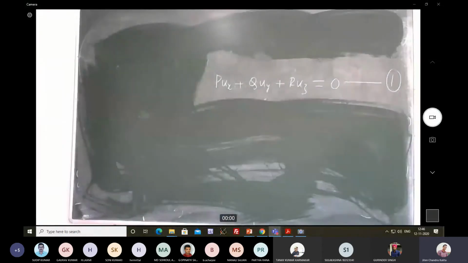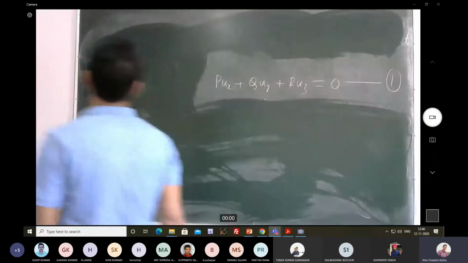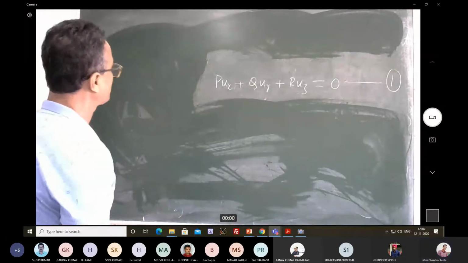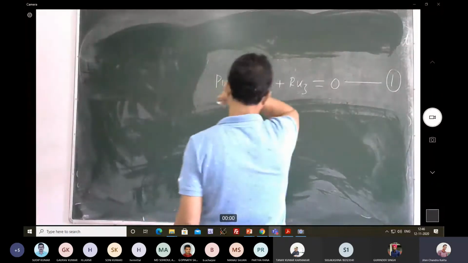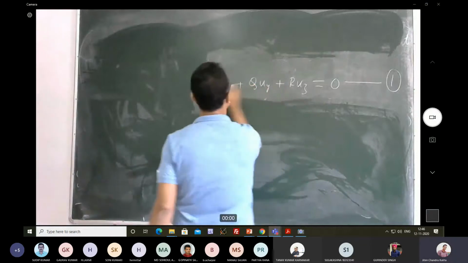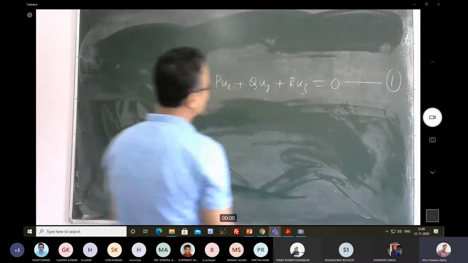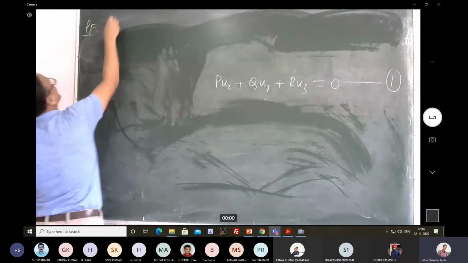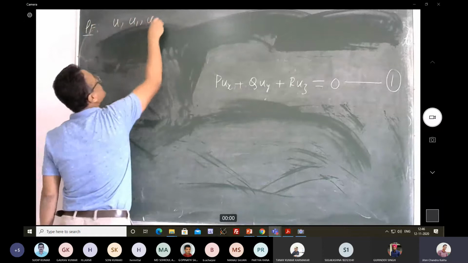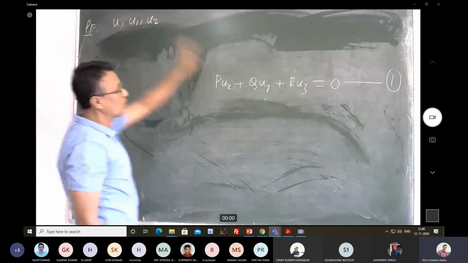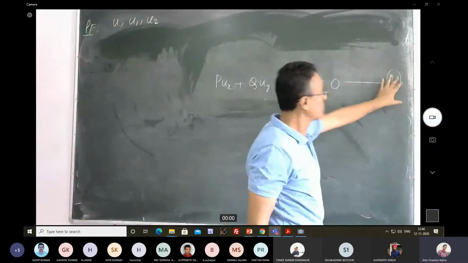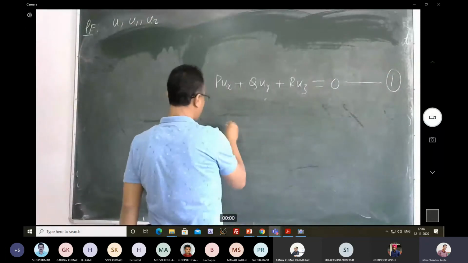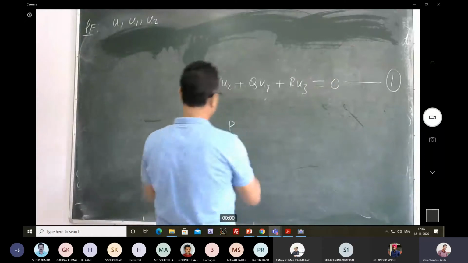Again, we are going to use some knowledge of matrices. Since u1, u2 are solutions of this equation, that is why, now you will understand why I wanted to use a different variable.